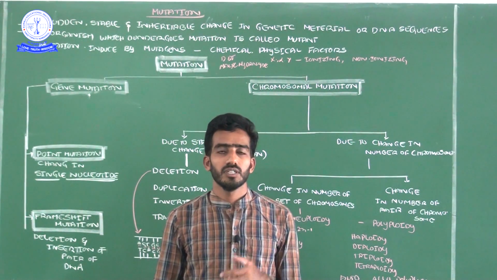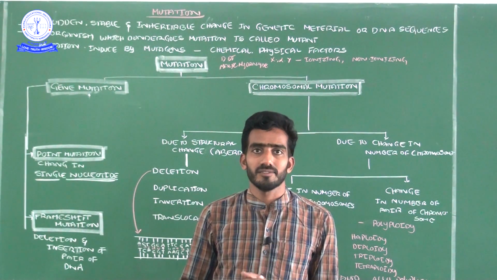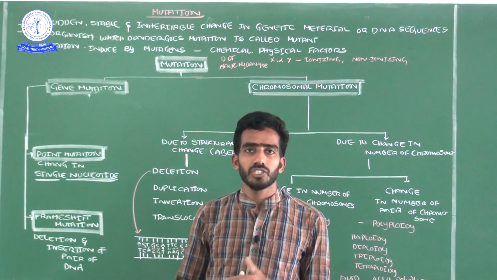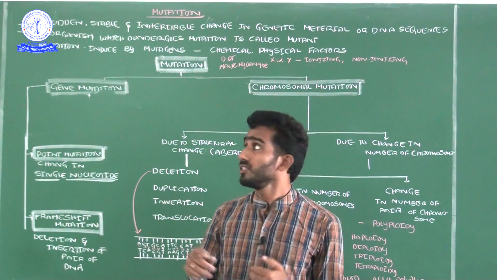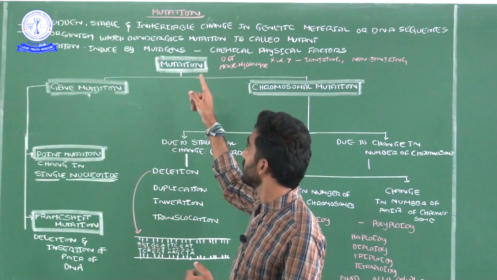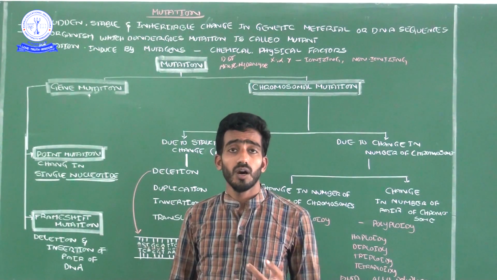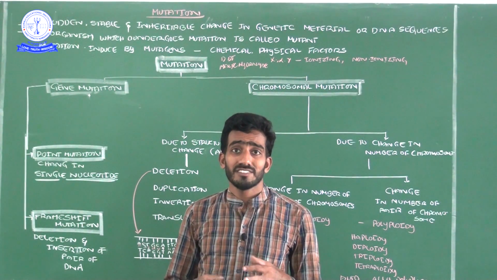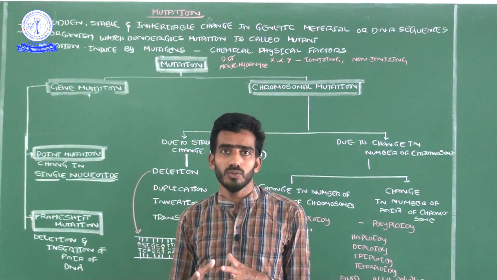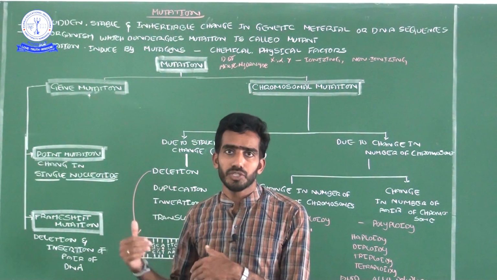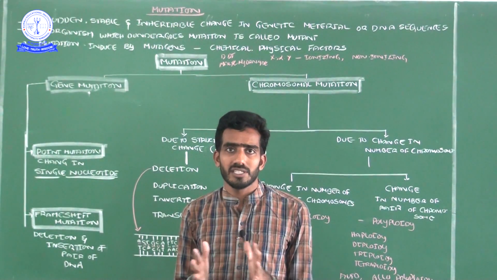Hi students, good morning to everyone. In this video I would like to continue about our chapter, Principles of Inheritance and Variation. In this chapter, sex determination is completed. Today's video will give you clarity on mutations: what mutations are, how they are caused, and what different types of aberrations and abnormalities cause mutations. By mutation, an organism can be affected by several disorders.